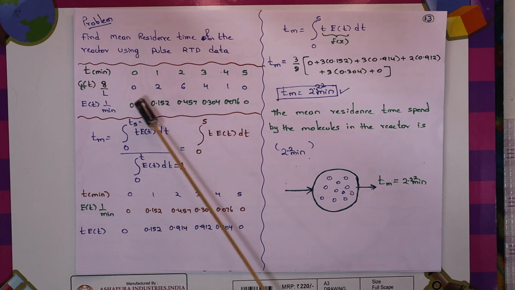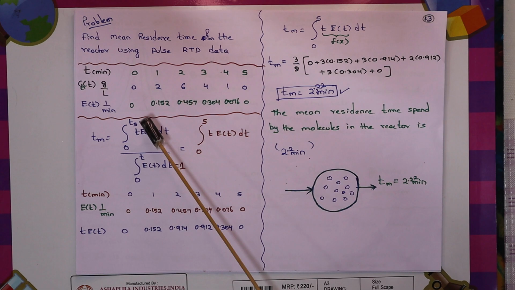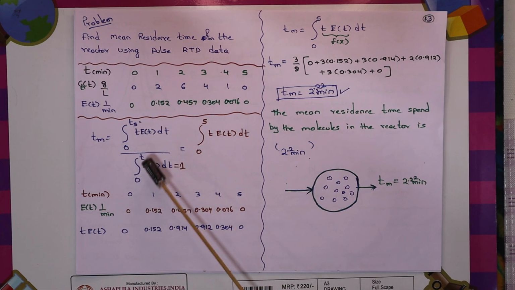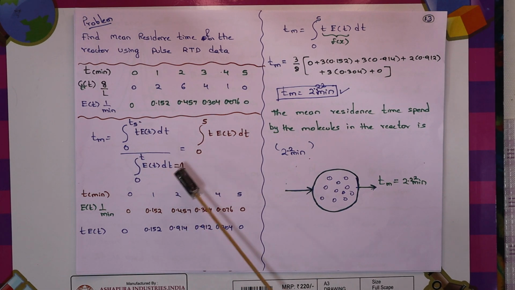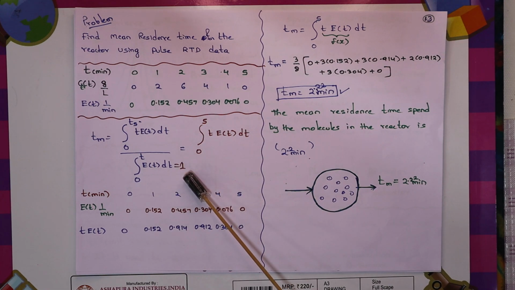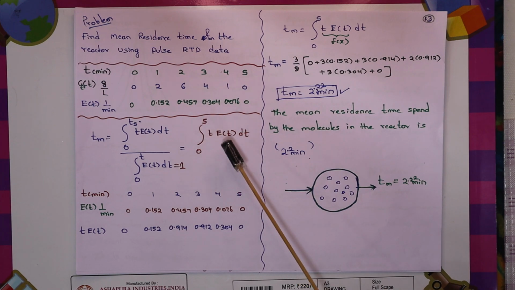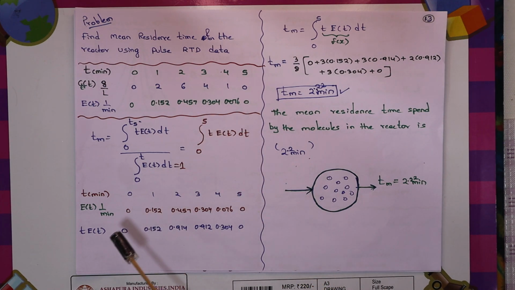The time is from 0 to 5. So integral 0 to 5 t into E of t divided by integral 0 to 5 E of t dt. I know the complete area under the E curve is 1, which is a fraction. The fraction of all the molecules will be equal to 1. Therefore, mean residence time is equal to integral 0 to 5 t into E of t dt.